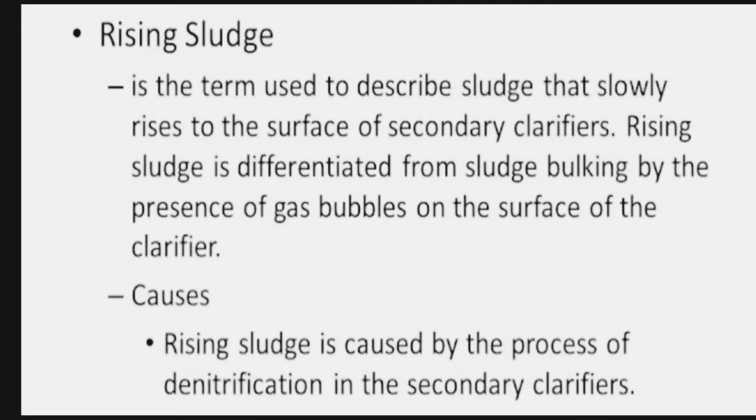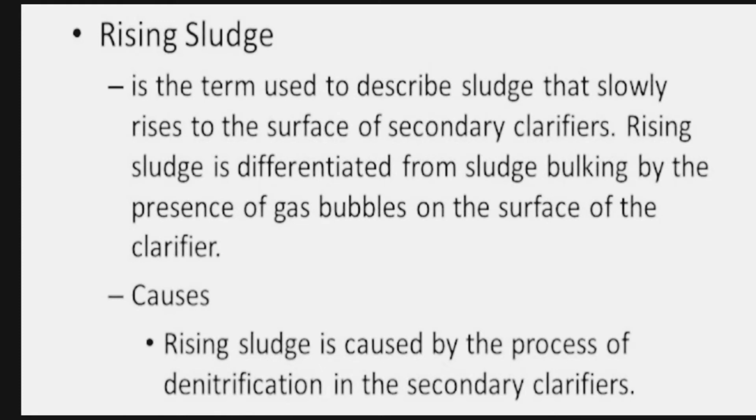Now let us discuss in detail the rising sludge problem, definition, causes and solutions to prevent this problem in the secondary clarifiers. You can see the definition on the presentation. The causes of rising sludge problem: it is mainly caused by the process of denitrification in the secondary clarifiers. So the main cause of this problem is the process of denitrification.